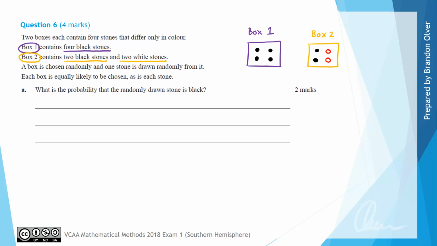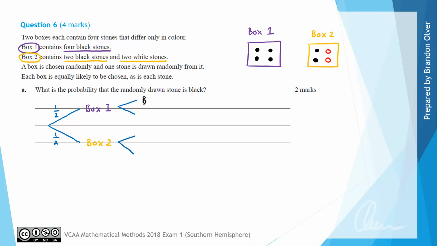And for part A, we are asked what is the probability that the randomly drawn stone is black. So to help answer this question, we're going to set up a tree diagram where the first event is selecting either box 1 or box 2. And because both are equally likely, there's a half chance of selecting either one of those. From there, we have 2 options each time.